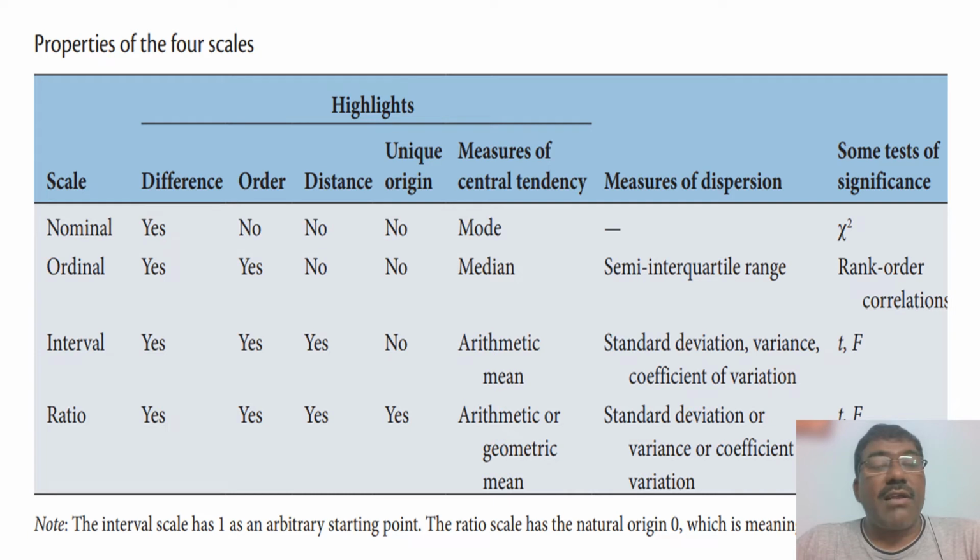We cannot find any distance or any origin. The median is a statistical application that we can apply in the ordinal scale. We also apply the semi-interquartile range from the measures of dispersion, and also rank order and order correlations.